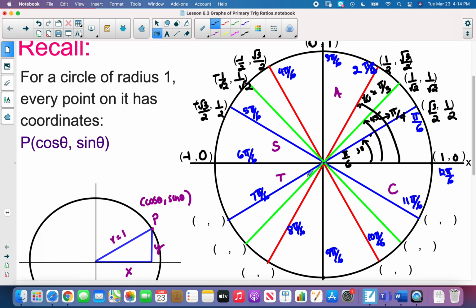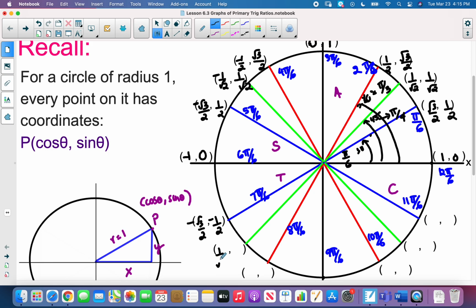Continuing now with the answers here, the 7 pi over 6 will have the same answers as pi over 6, which is root 3 over 2 and half, but only tangent will be positive, so they both are going to be negative. This one here, which is the green line, is the same as pi over 4.